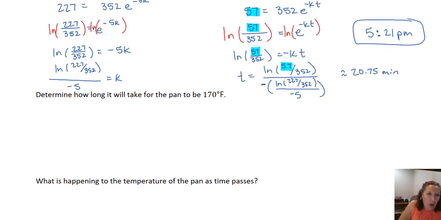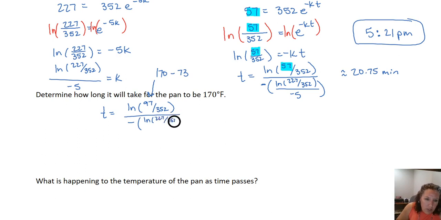So we can go through that same process, or we can realize that this is going to happen almost the same thing over and over again. So we'll get the natural log of 97 over 352. And remember that 97 came from 170 minus the temperature inside the room of 73, over negative natural log of 227 over 352 over negative 5.